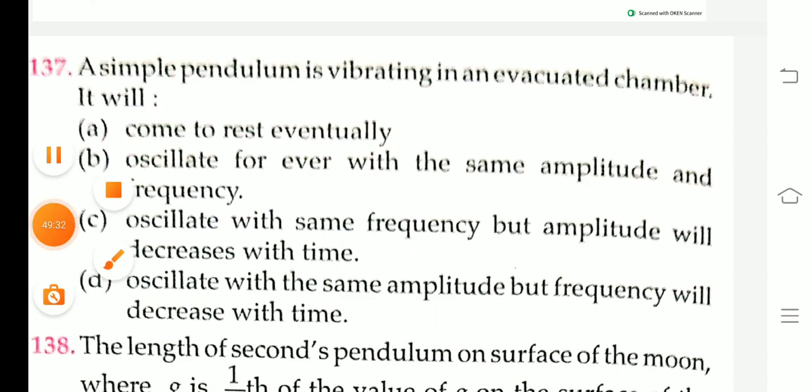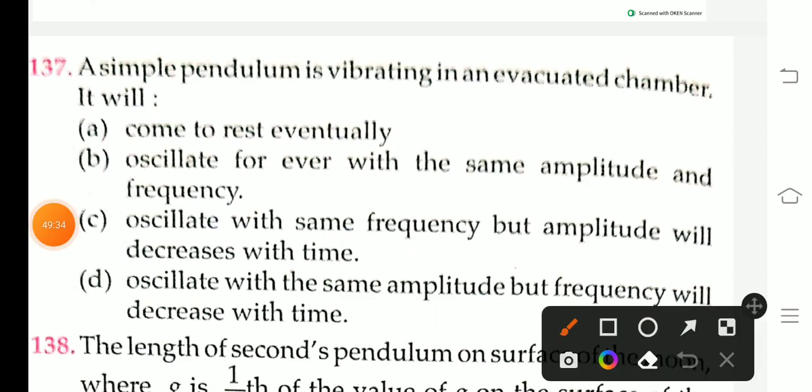A simple pendulum is vibrating in an evacuated chamber. It will oscillate forever with the same amplitude and frequency.